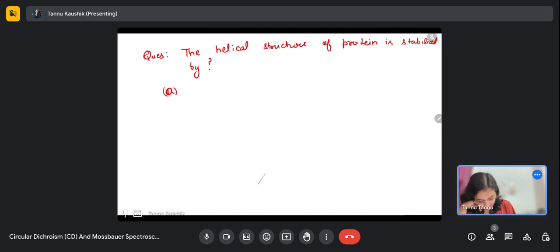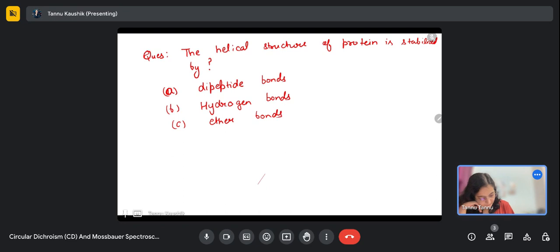First is dipeptide bonds, hydrogen bonds, ether bonds, and peptide bonds.